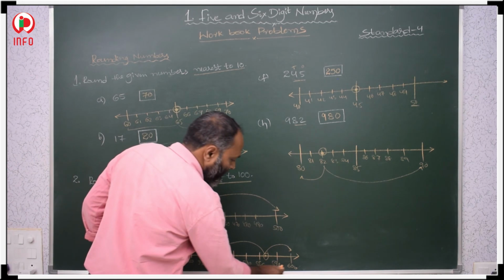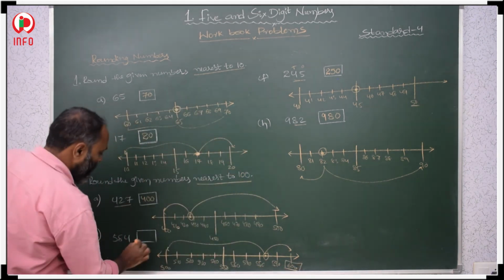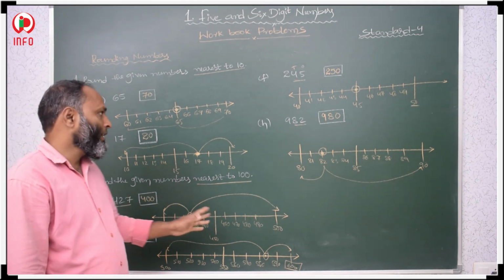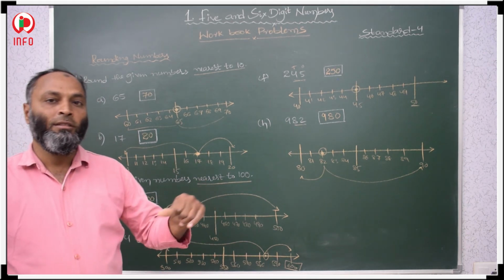So 584 is near to 600. In this way you have to find the nearest value. The remaining questions you do as homework.